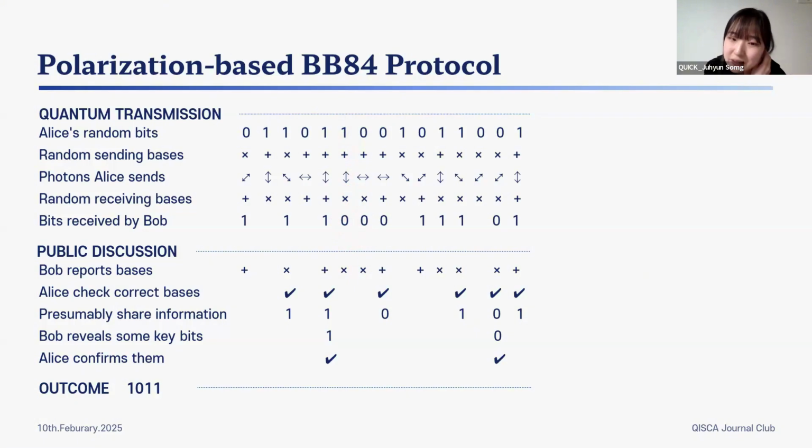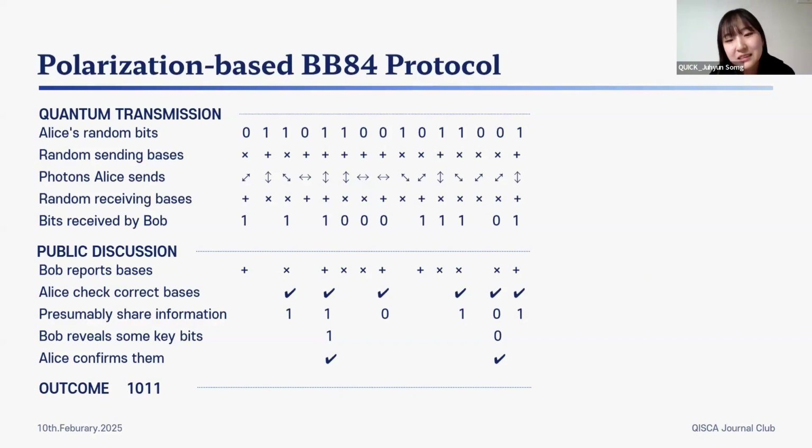But we don't really need to worry about this case because after public discussion, the cases where Alice and Bob selected different bases will be discarded. So yeah, that's all for the quantum transmission.